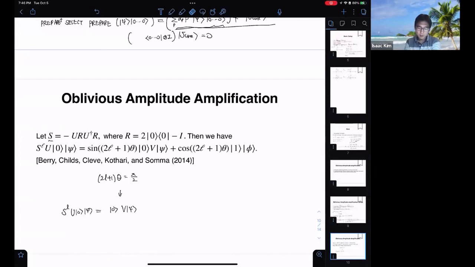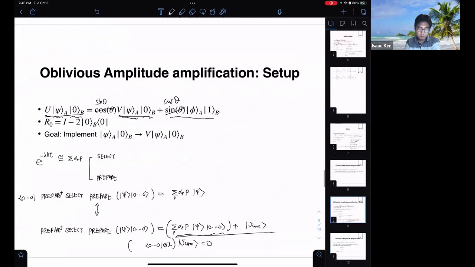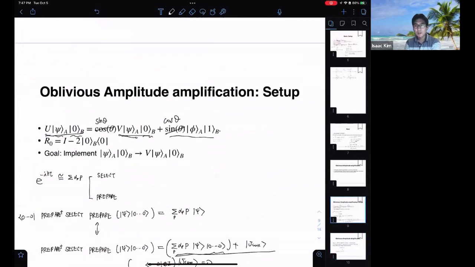So theta is just an arbitrary number that is given to us once you find a construction for U. From that construction, you can often compute this value of theta.